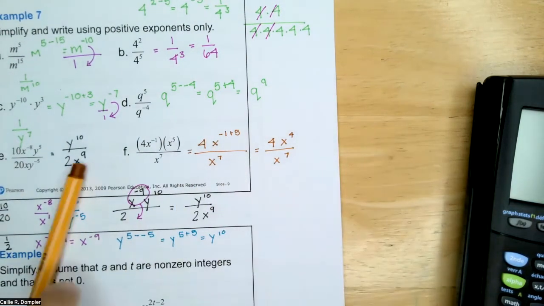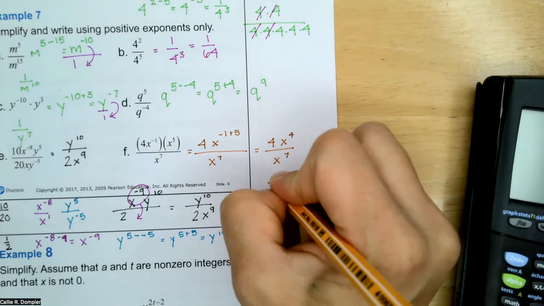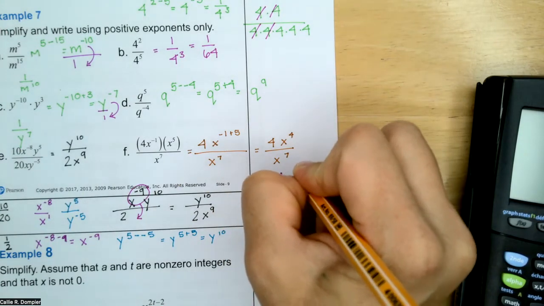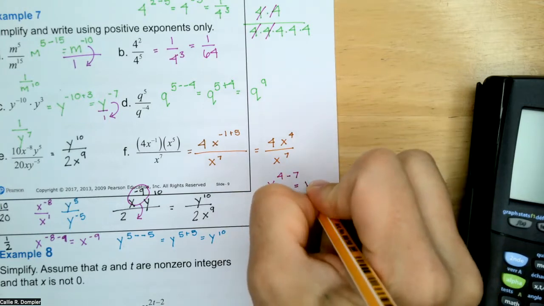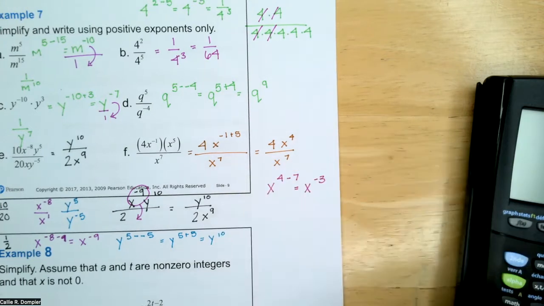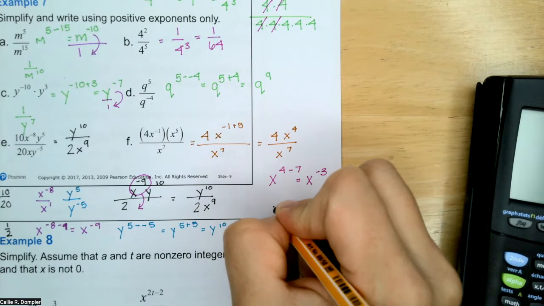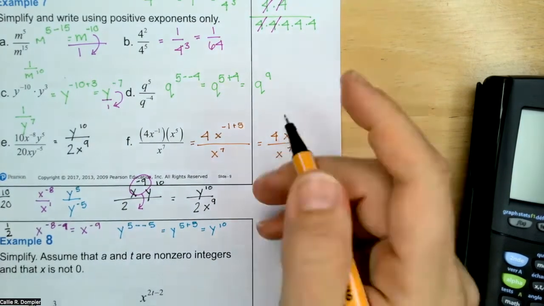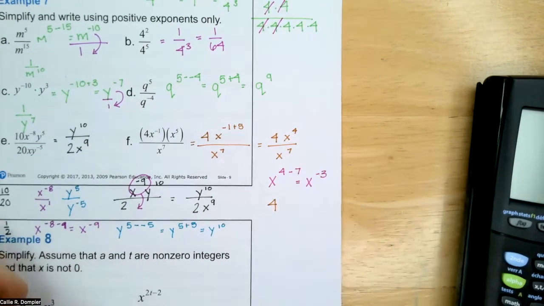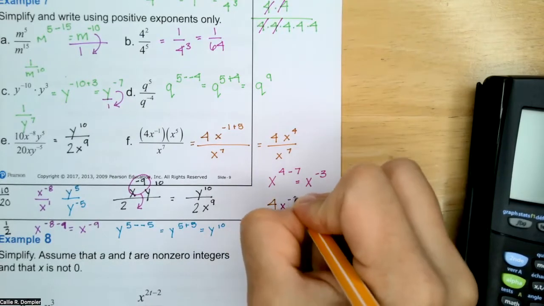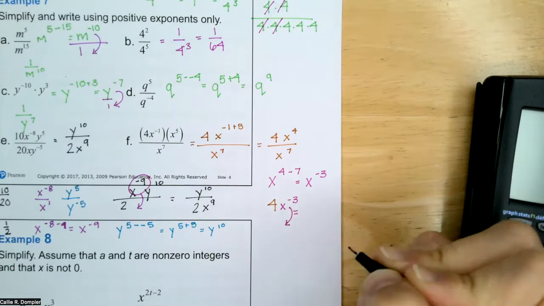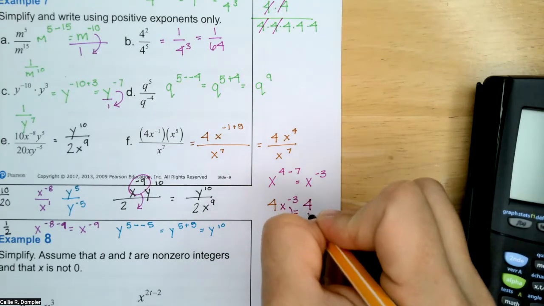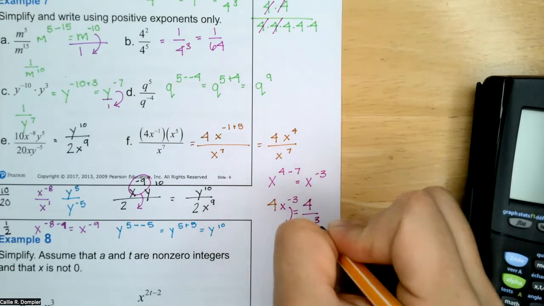Now I'm going to take that x to the 4th minus 7, right? When I'm dividing, I'm subtracting: x to the -3. So that is now this 4 x to the -3, which is the same as, I need to now move that across the fraction bar, 4 on top, x to the 3rd on the bottom.